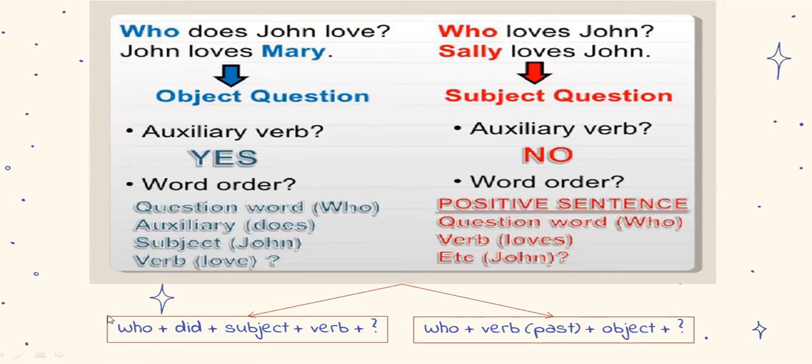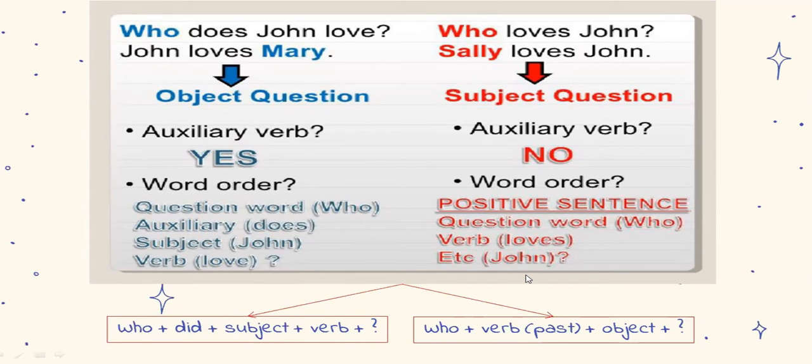You start the question with who, continue with the auxiliary did, because we are working with past. The subject is the person or noun that does the action, and the verb.